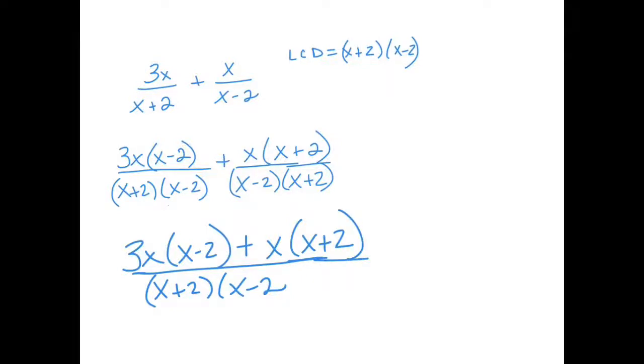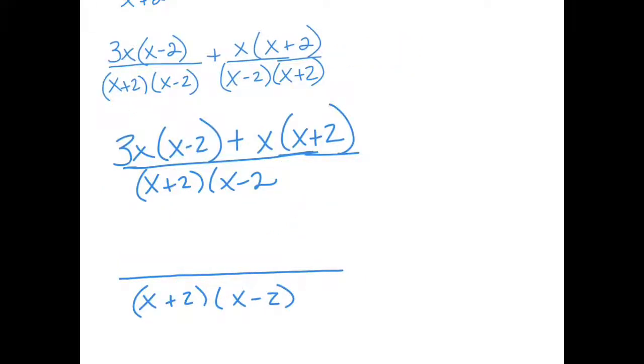Now I can simplify my numerator. To simplify my numerator, I'm going to take 3x and multiply it by x. That's going to give me 3x squared. And then 3x times negative 2 is going to give me negative 6x.